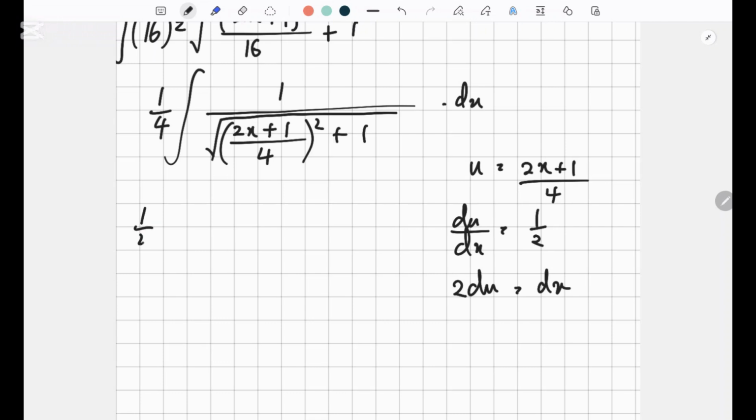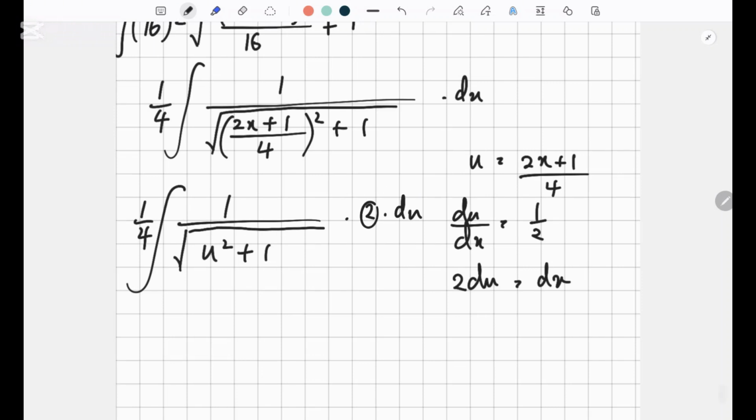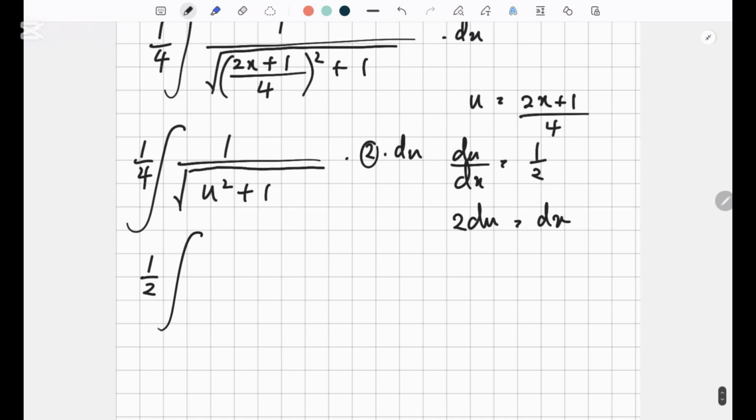Now you can put 1 over the square root of u² + 1, times 2 du. So 2 into 1 over 4 is half, into 1 over the square root of u² + 1 du.